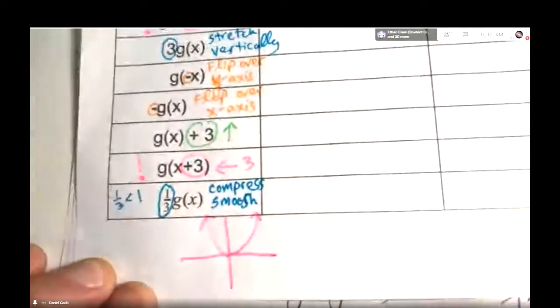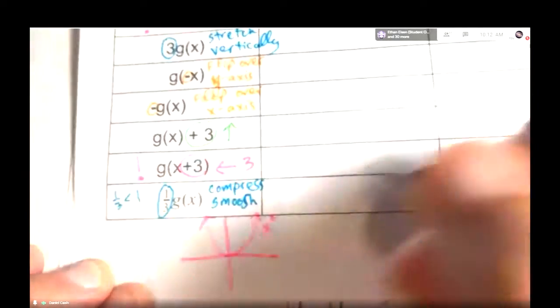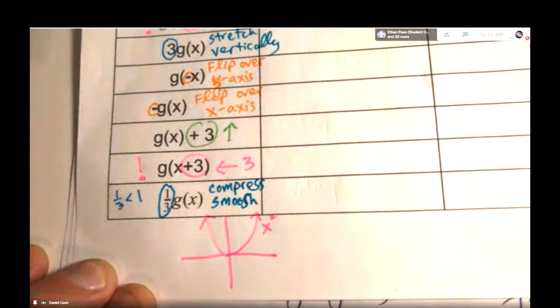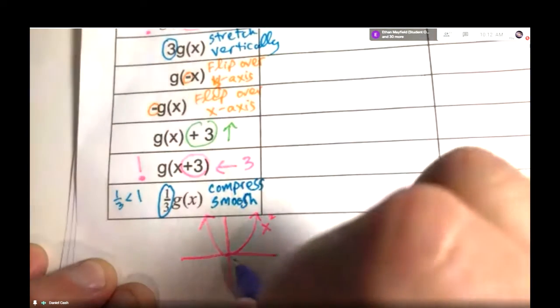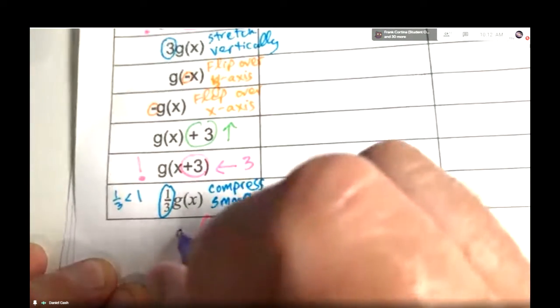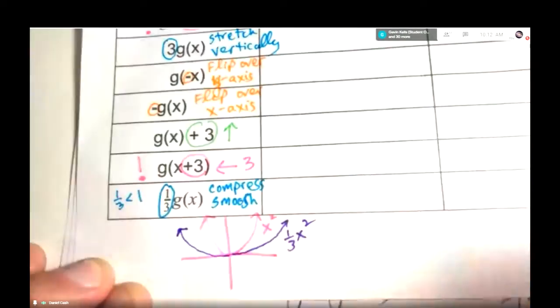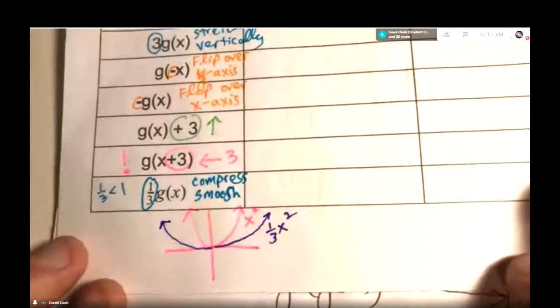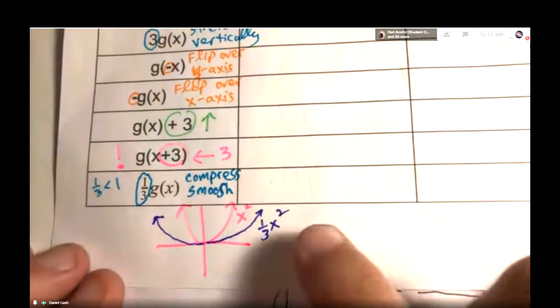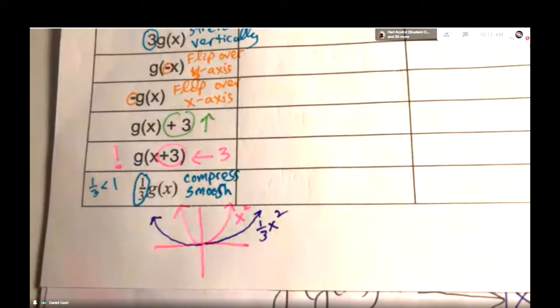Here is x squared. That is a specific function. 1/3 x squared would actually make the branches go wider. It's going to compress it or smush it. So that's 1/3 x squared. It's going to make the y values grow 1/3 slower.